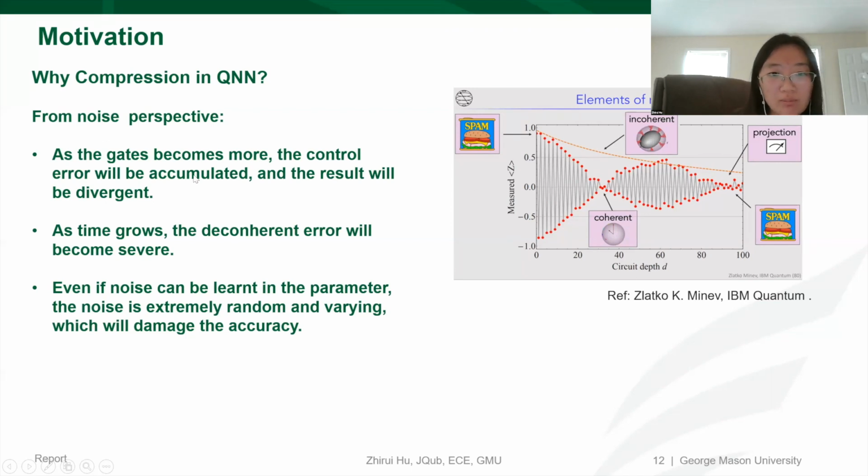As gates become more numerous, the control error will accumulate, and the result will diverge. And as the time grows, the coherent error will become severe. And even with noise-aware simulation, the noise is extremely random and varying, which will also damage the accuracy.